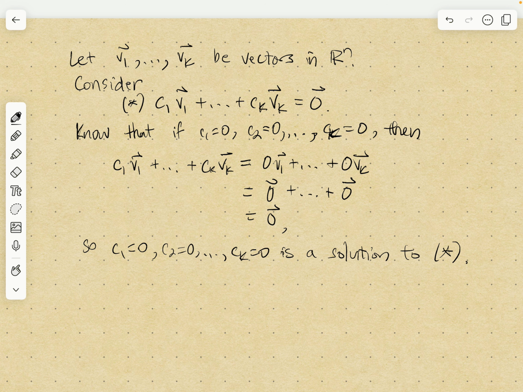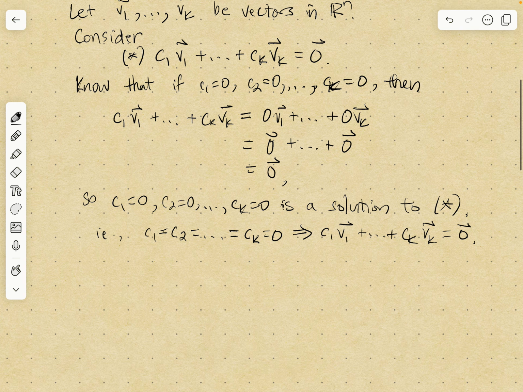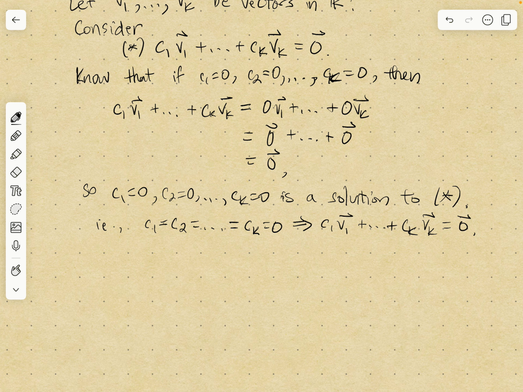In other words, c1 equals c2 equals dot dot dot equals ck equals 0 implies that c1v1 plus dot dot dot plus ckvk is equal to the 0 vector, right? Now in general, it's not true that the reverse direction holds.